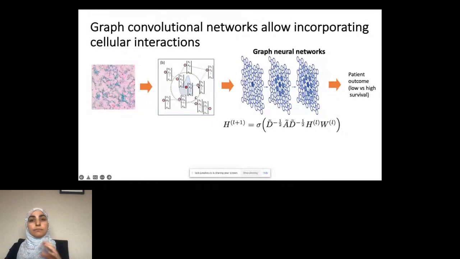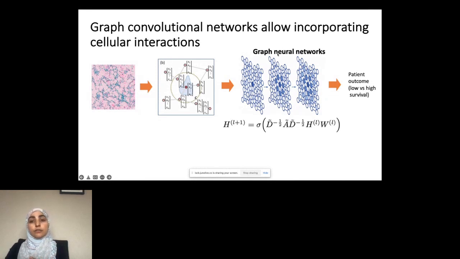We set it so that cells that are close together probably have an effect on each other, so we can connect them in the network. What we can also do in this graph is embed attributes like signaling, morphology, or any other information we are interested in adding to each cell.